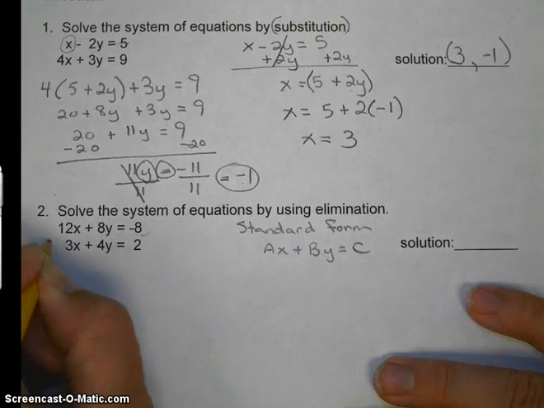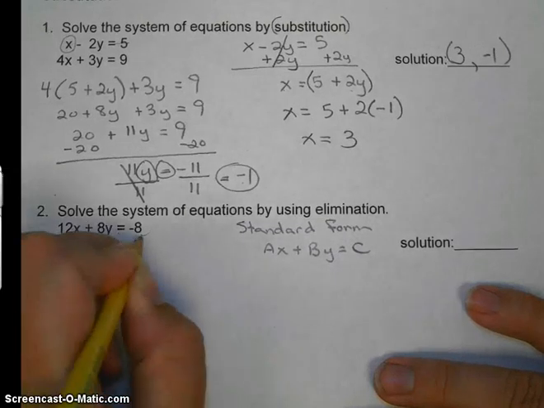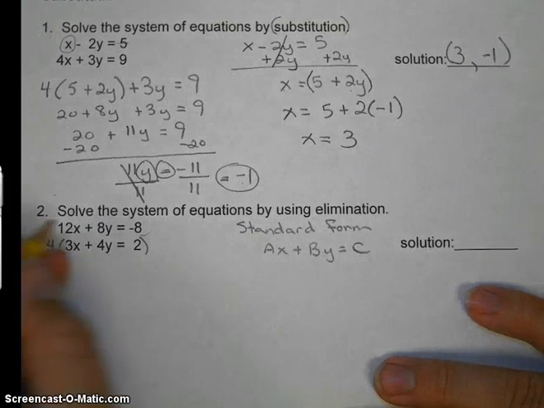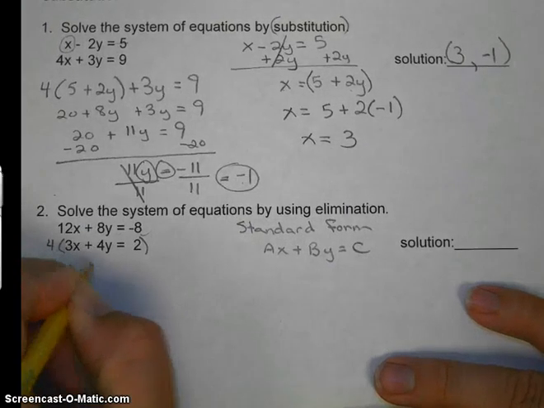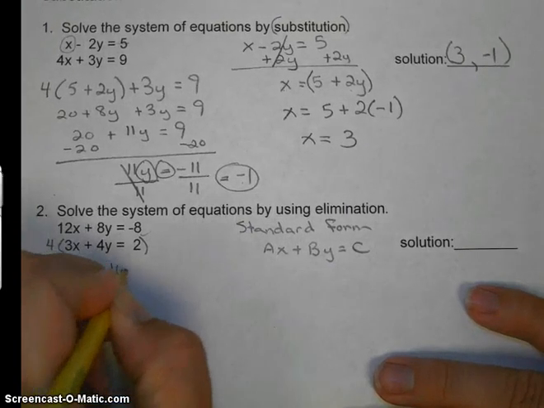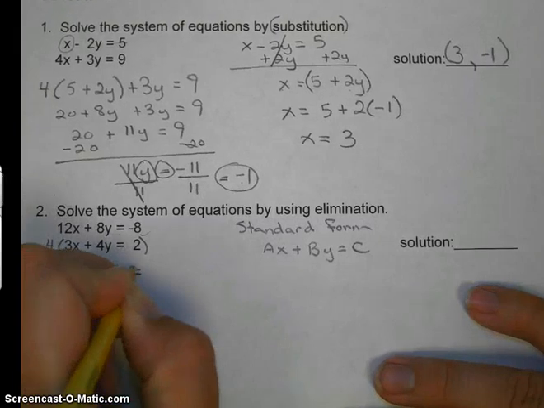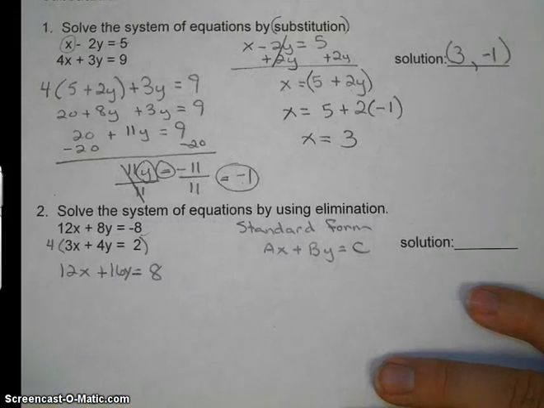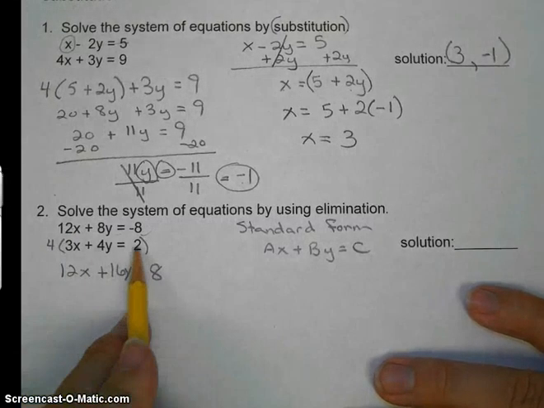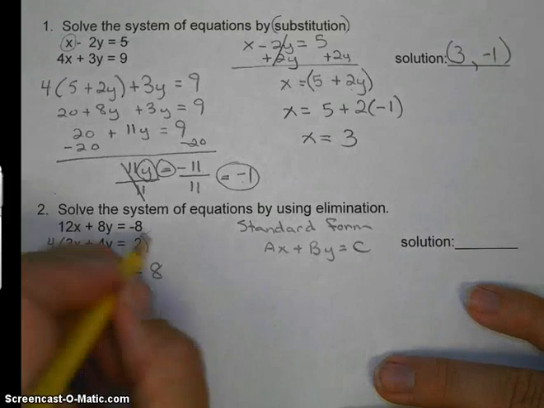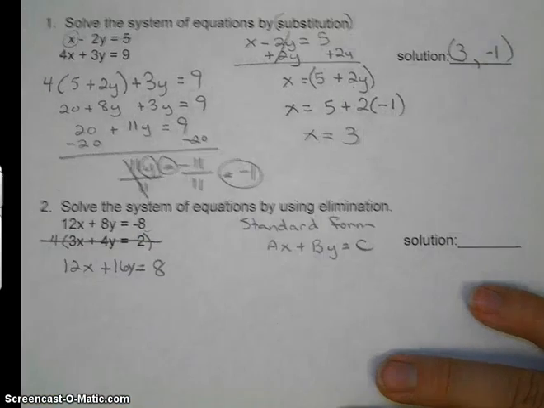I'm going to multiply through by 4, the whole thing, and we're going to get 12x plus 16y equals 8. Don't forget to multiply everything by 4. So we're done with that. We've changed it.